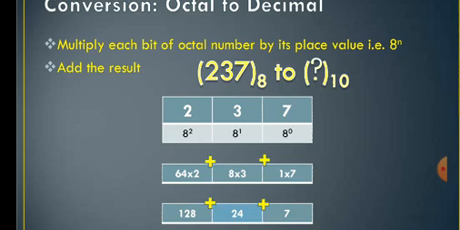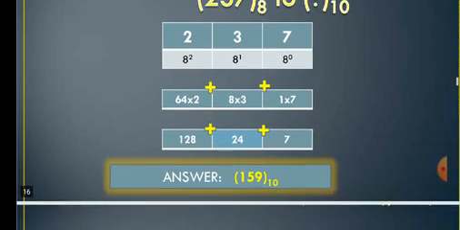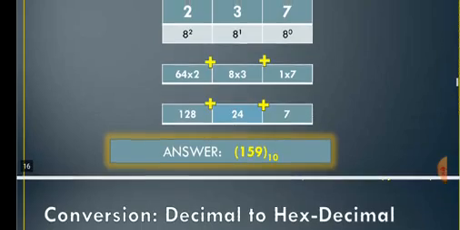Then multiply that number with the base values, that is 7 into 8 power 0 plus 3 into 8 power 1 plus 2 into 8 power 2. So 2 into 8 power 2 is 2 into 64, then 3 into 8 and 1 into 7. Similarly, multiply all these values and add all the values, and you will get 159.